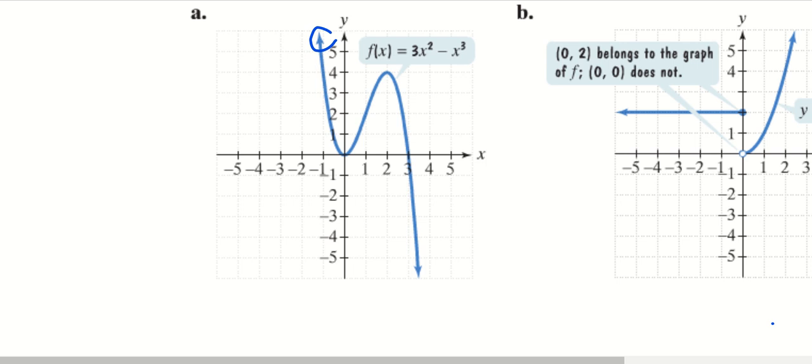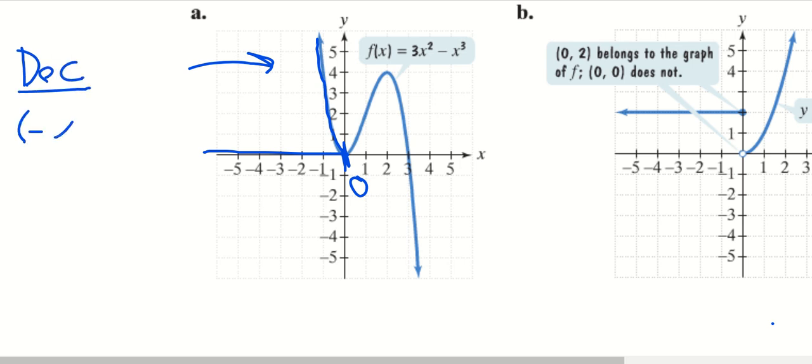Now initially, if I start going from left to right, what's happening here is that the graph is going down, down, down, down, and it continues to move down until we get to x equals 0. So what's happening here? This graph is decreasing on the interval negative infinity to 0.